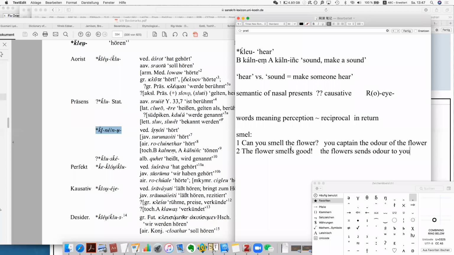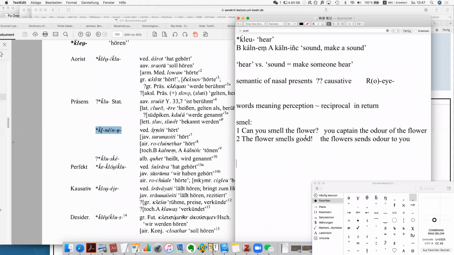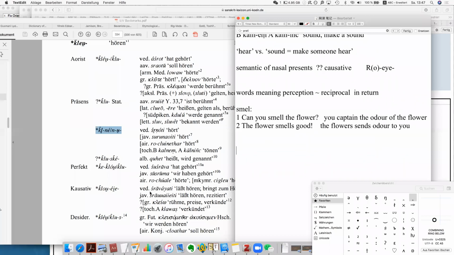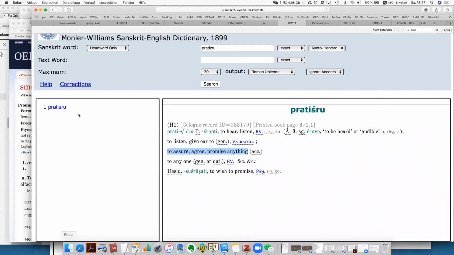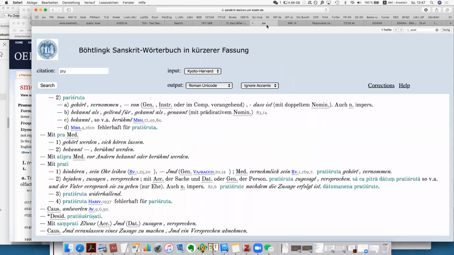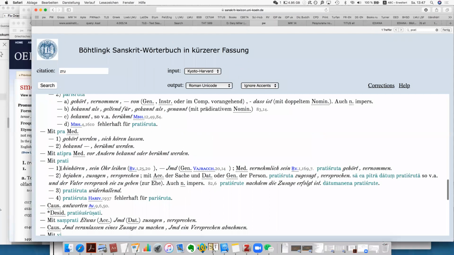Okay, and then let's check the meaning of prati-śru. So prati-śru, it can mean hear, right? Listen. Also in the dictionary, right? So hinhören, sein Ohr leihen, vernehmlich sein.